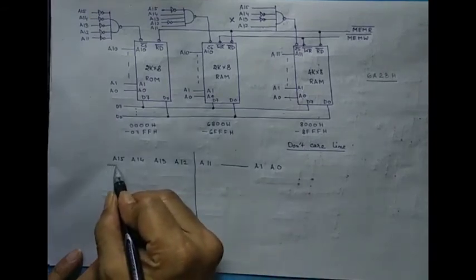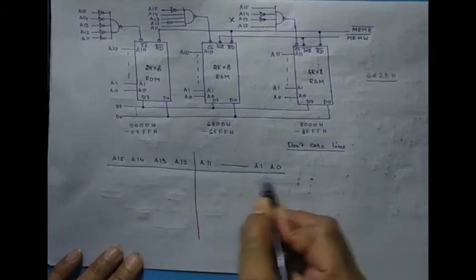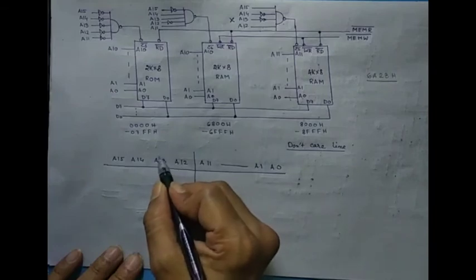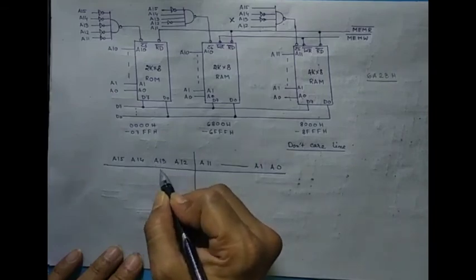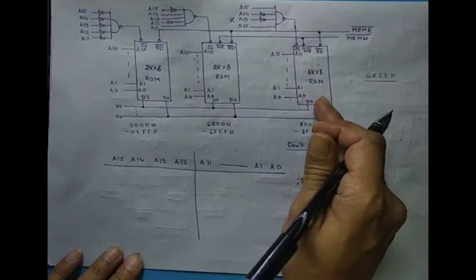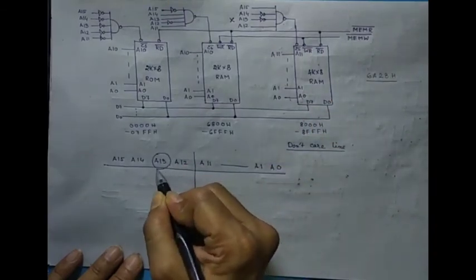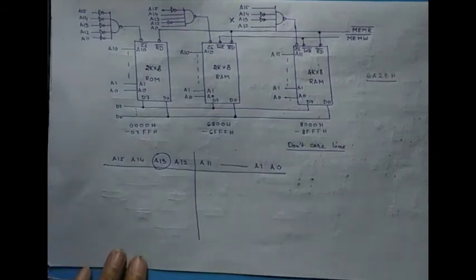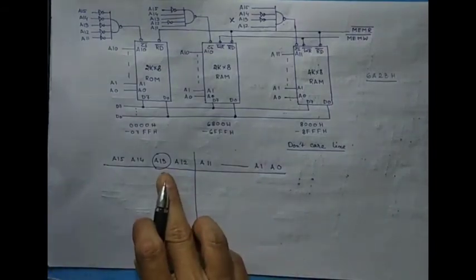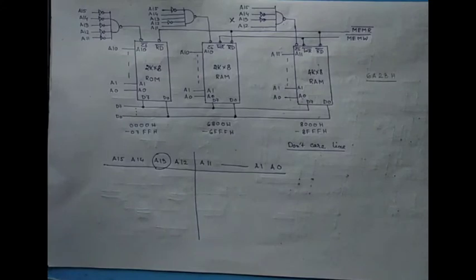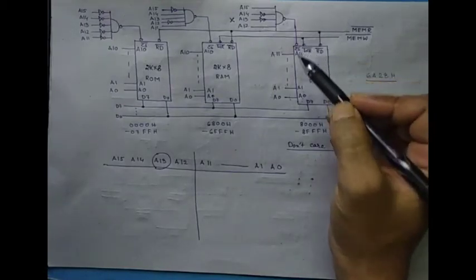So you have to first write down all the address bits, including the bit for the address line which has not been used in our connection. That means including the don't care address bit also. This is the don't care bit. Since this address line has not been used, it can stay either at logic 0 or at logic 1, but that will not make any difference to the chip select logic.